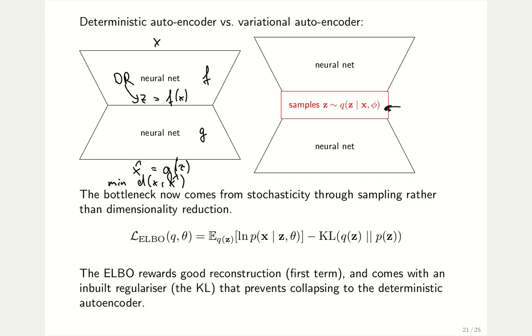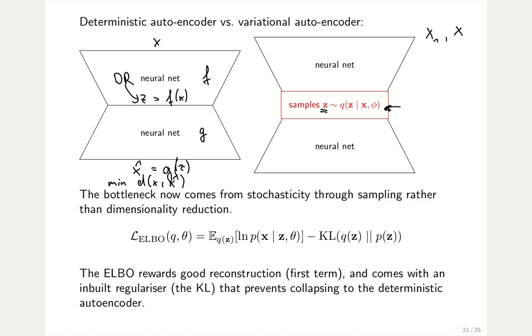Okay, so instead of having a deterministic Z, we draw a random sample from this distribution that is the output of the upper encoding neural network. Now, I would argue that this is in some way very similar to dimensionality reduction. Why is that? Well, let's look at two data points.